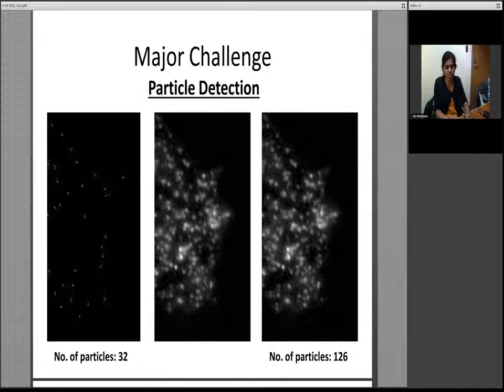But if I apply the existing software, the number of particles appears as 32. This is because the software detects boundaries of the dots, and when two dots lie very close together and there is some noise in between them, they are considered as just one dot. So we needed a better algorithm to detect particles.